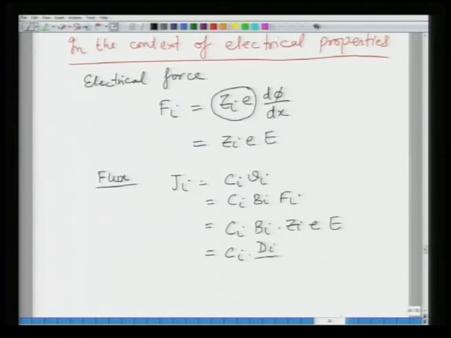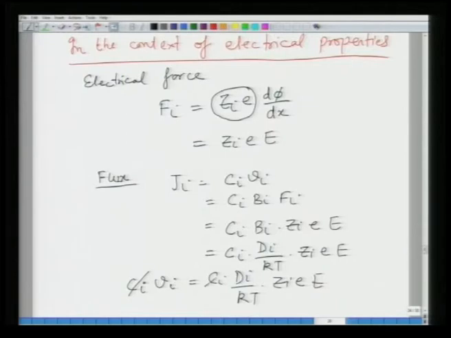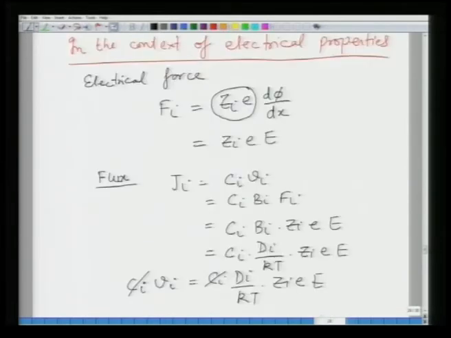So, I can write Ci Vi is equal to Ci Di by kT into Zi e E. Here Ci cancel each other, and what you get is an expression for Vi, and Vi is equal to Zi e Di divided by kT multiplied by E.